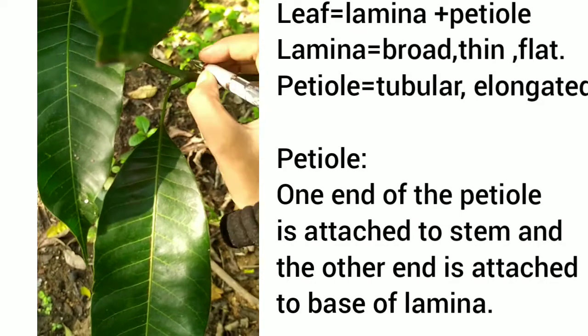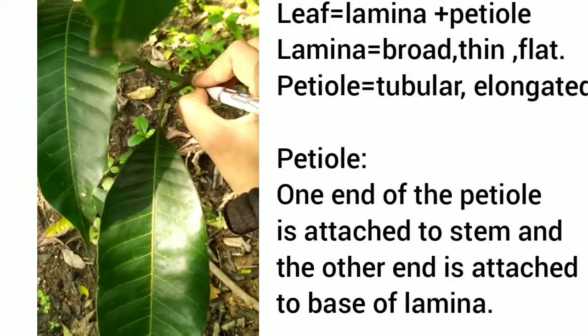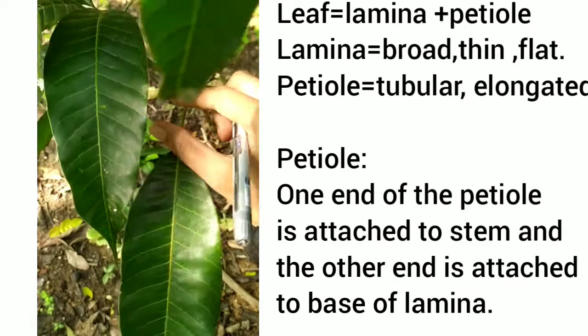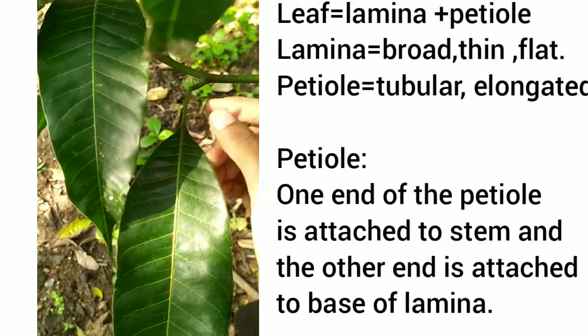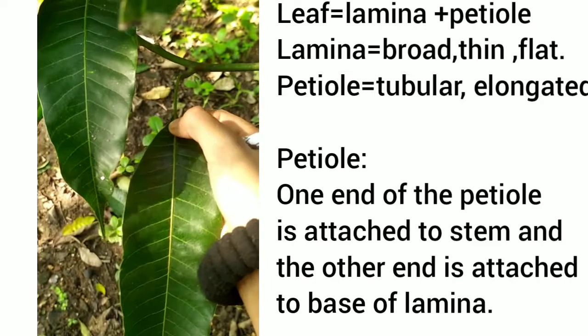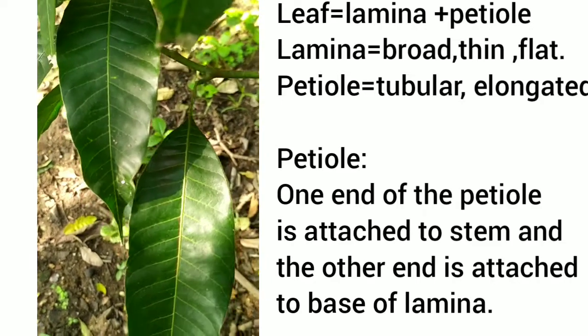One end of the petiole remains attached to the stem, and the other end of the petiole is attached to the lamina, or more specifically this portion of the lamina.